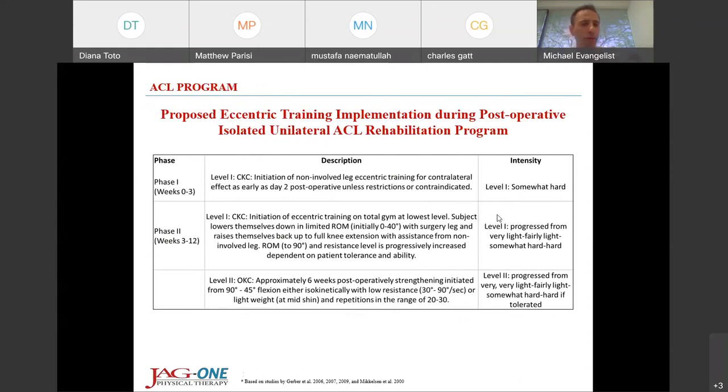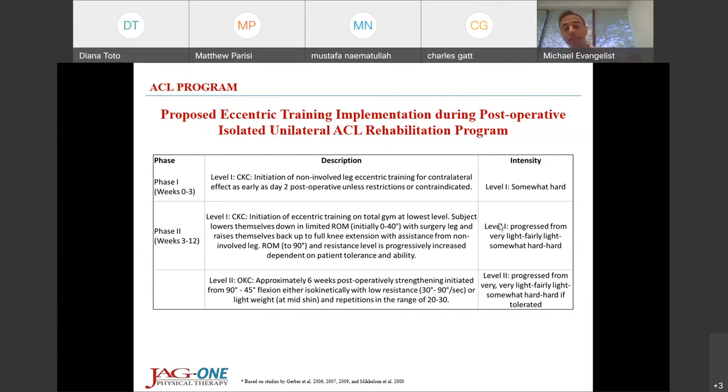I'm not going to go through this entire ACL program, as Diana just said. Anybody who wants these slides can certainly get them afterwards. But generally, we're going from level 1 where there's eccentric training on the non-surgical leg after an ACL. And then phase 2, we're starting some very mid-range, gentle, closed chain eccentric exercises for the involved leg, and then progressing from there through levels 2, 3, and 4 on the eccentric side.